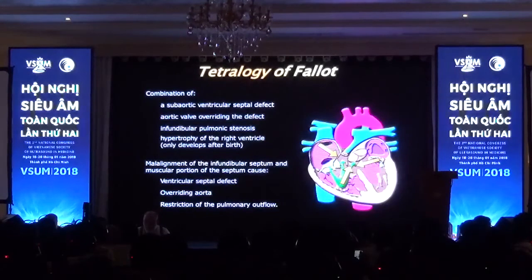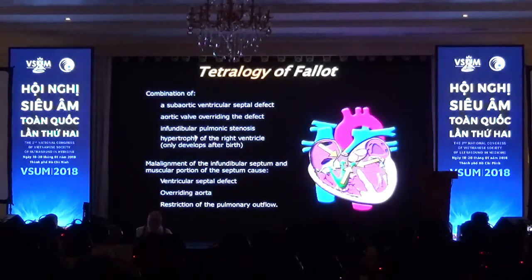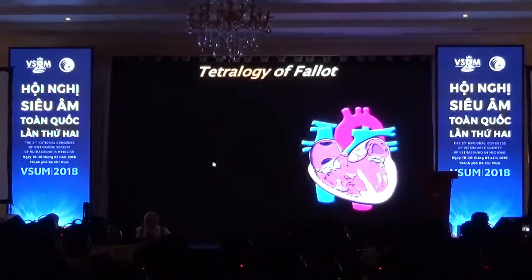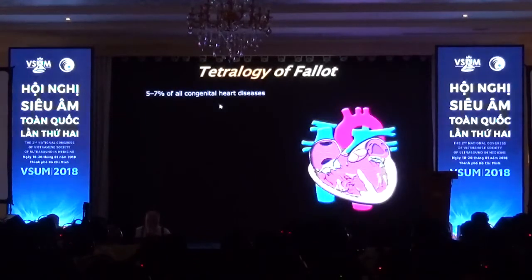There's an overriding of the aorta, and there's a restriction to the pulmonary inflow. So tetralogy of Fallot is a combination of a subaortic ventricular septal defect, an aortic valve overriding the defect, an infundibular pulmonary stenosis, and hypertrophy of the right ventricle, which is not something we see prenatally. This is a postnatal finding. So this is a rather common disorder.